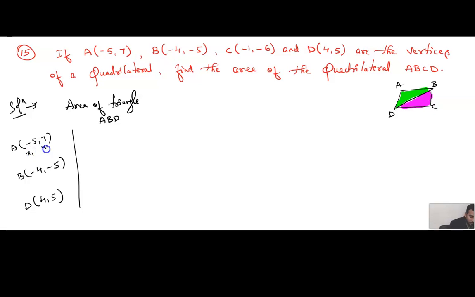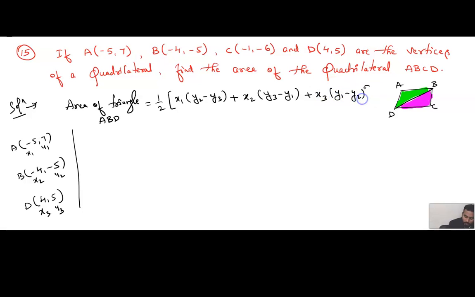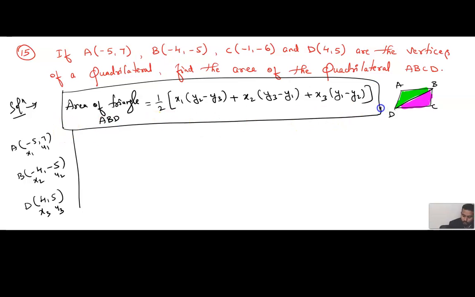Now we can say this is x1 y1, this is x2 y2 and this is x3 y3. So the area of triangle formula is what? Half into x1 into (y2 minus y3) plus x2 into (y3 minus y1) plus x3 into (y1 minus y2), close the bracket. This is the formula we are going to use to find the area. So it is equal to half into, what is the value of x1?